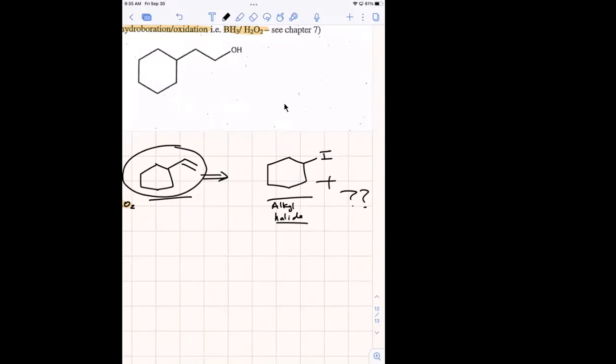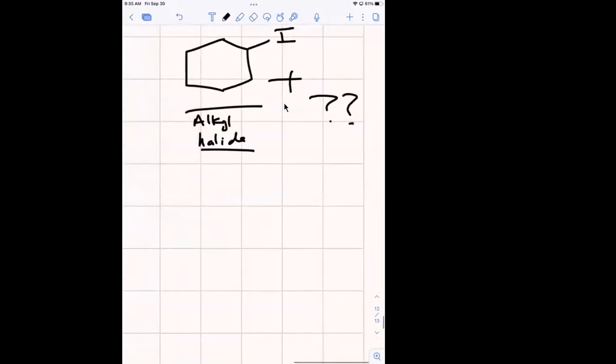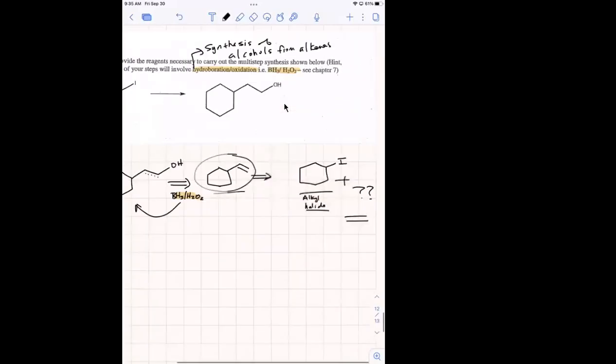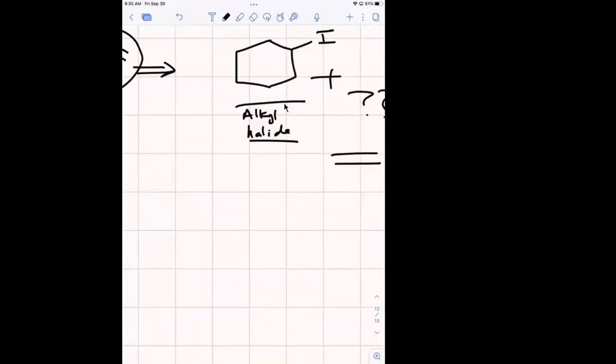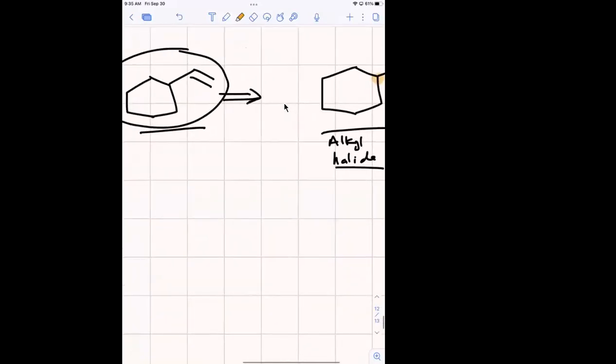No. So it wouldn't be a carbonyl. We want to add this and make a carbon-carbon bond between this carbon and that carbon. There's a carbon-carbon bond between those two.